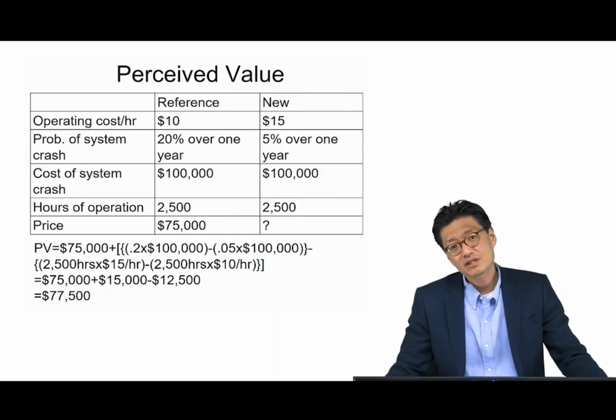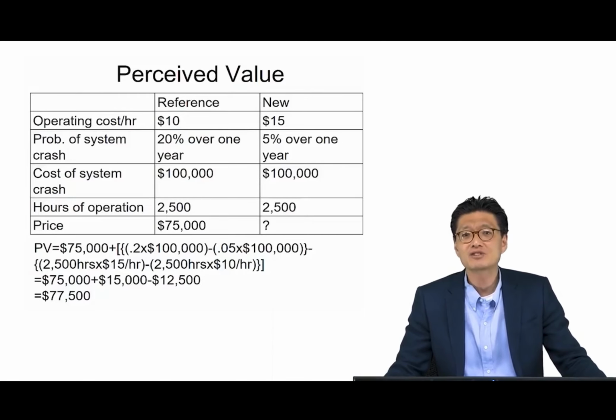But the 77,500 is the price that the buyer, the toy manufacturer, believes in. In other words, this is the perceived value. This is how much they believe the air filtration system is worth, and hence this is the price that the buyer will most likely be willing to pay based on how much value they perceive from the product.